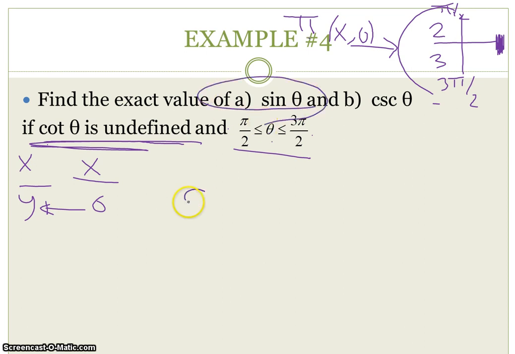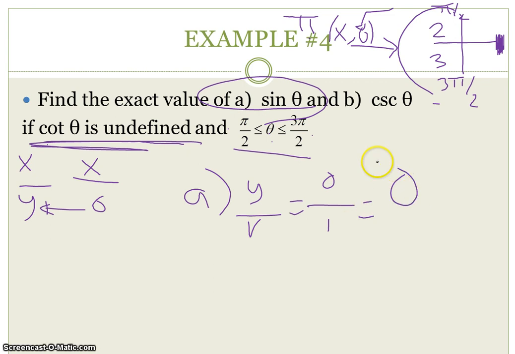So for part A, we wanted to find sine of theta, and remember sine is y over r. My r on the unit circle is 1, and my y coordinate is 0. So my y over r is 0 over 1, which is 0. For B, we wanted to find cosecant of theta.